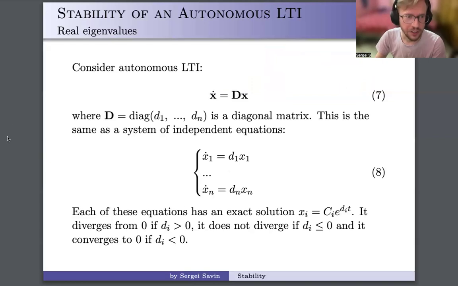Now, each of those equations, we already solved this kind of stuff. So each of those equations has a solution: xi equals ci e to the power di t.